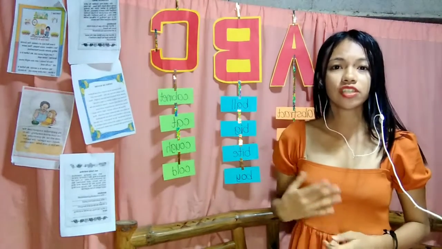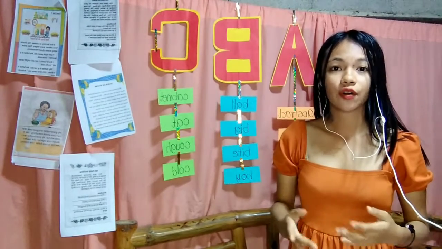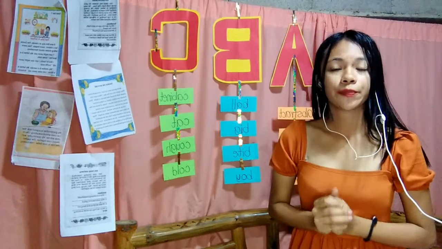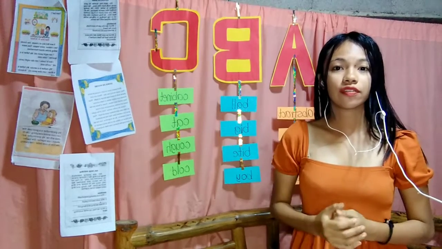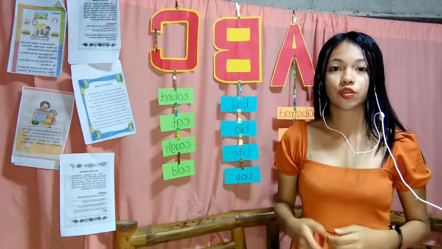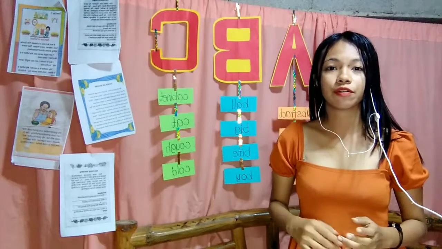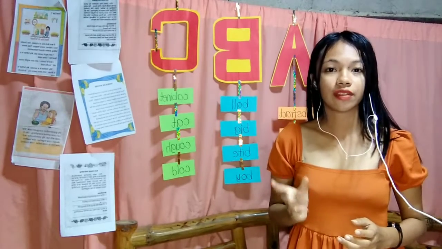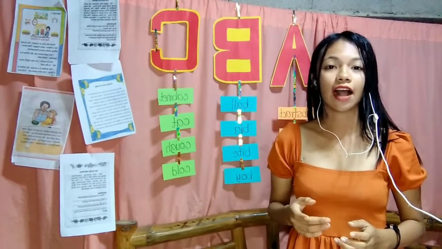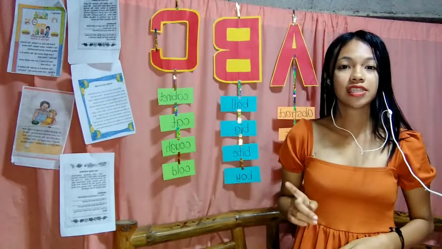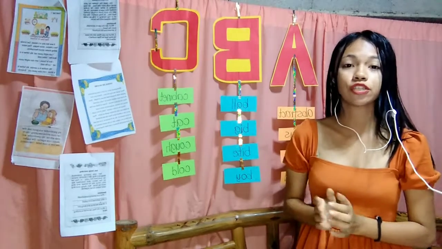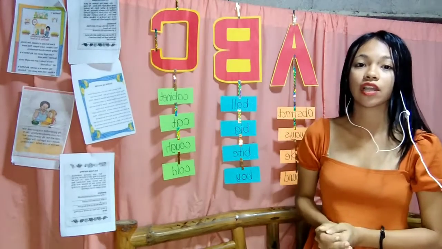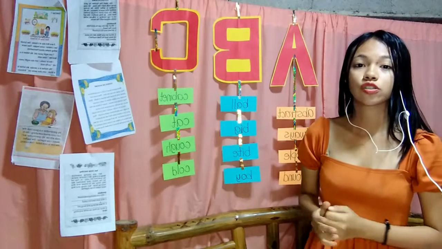Then, if you want the students to retain or make their learning more permanent, you will test each one of them to produce any word starting with the letters they see in the alphabet. And that's how you can integrate or use mobiles in the lesson as an effective tool for learning.